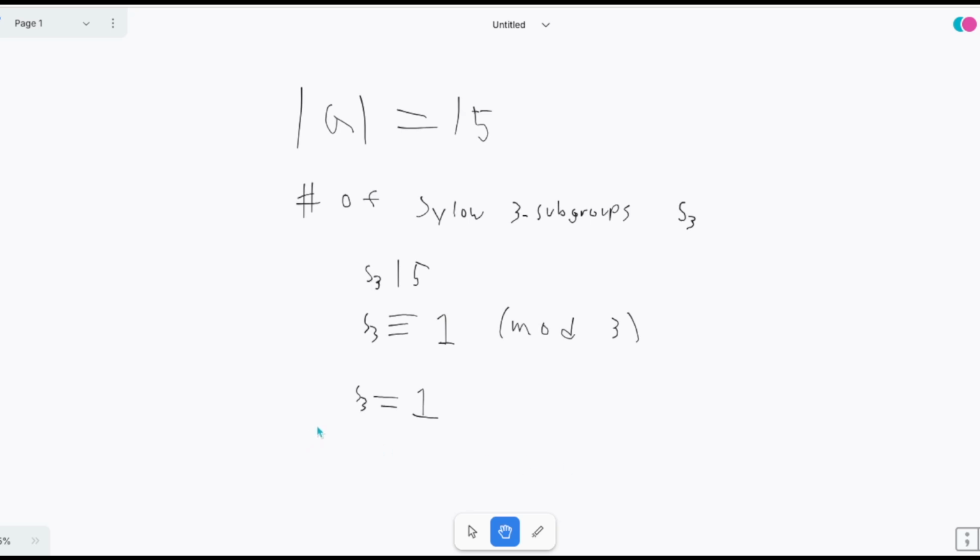And so let's call H that Sylow 3-subgroup.